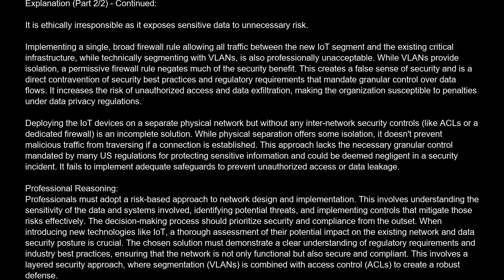When introducing new technologies like IoT, a thorough assessment of their potential impact on the existing network and data security posture is crucial. The chosen solution must demonstrate a clear understanding of regulatory requirements and industry best practices, ensuring that the network is not only functional but also secure and compliant. This involves a layered security approach, where segmentation, VLANs, is combined with access control, ACLs, to create a robust defense.